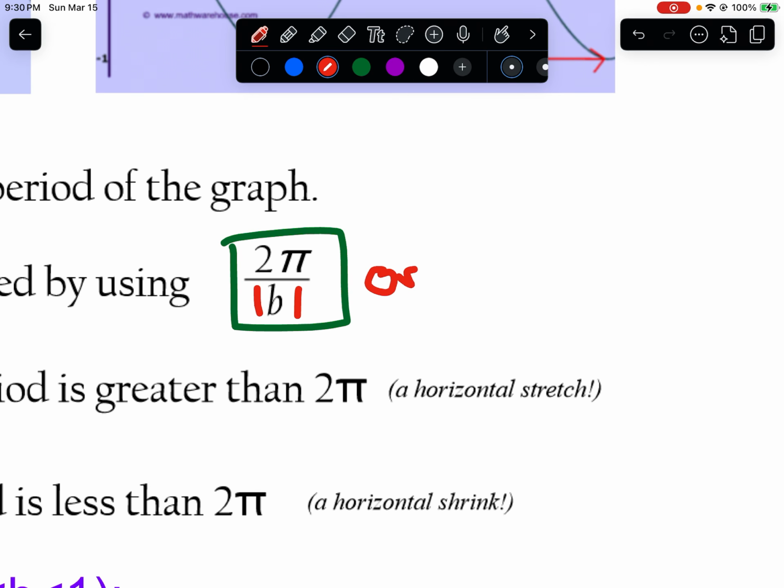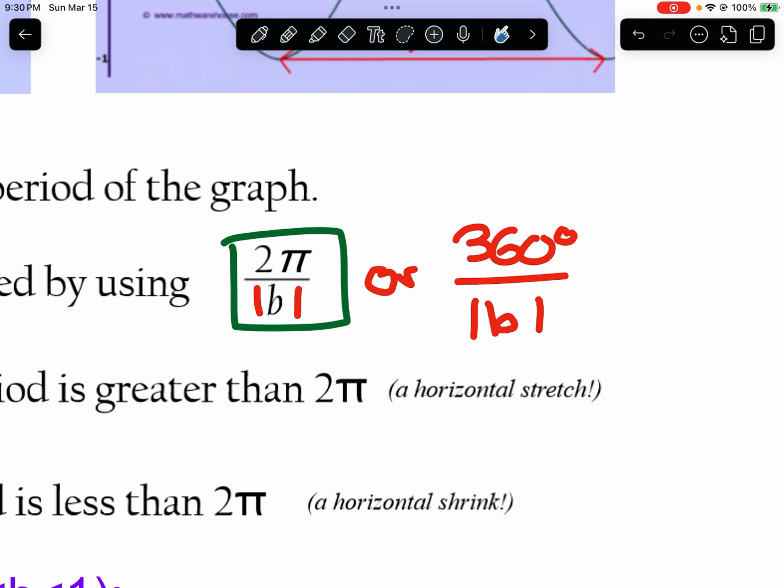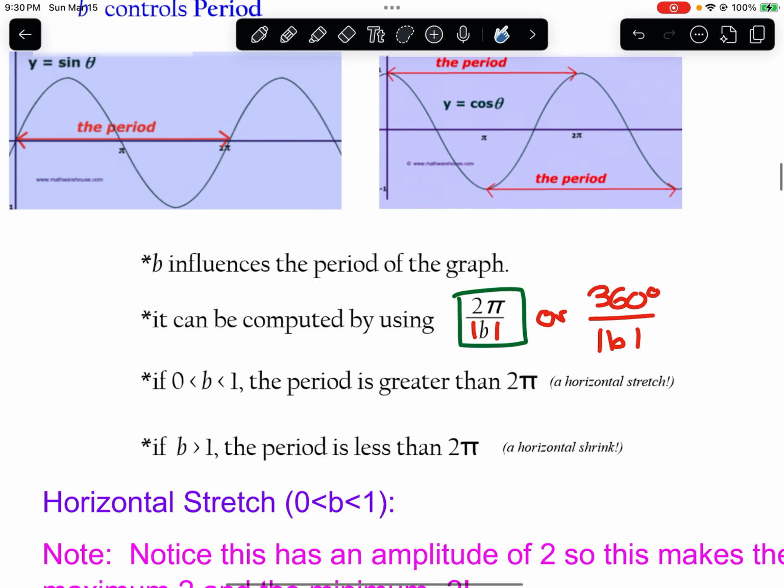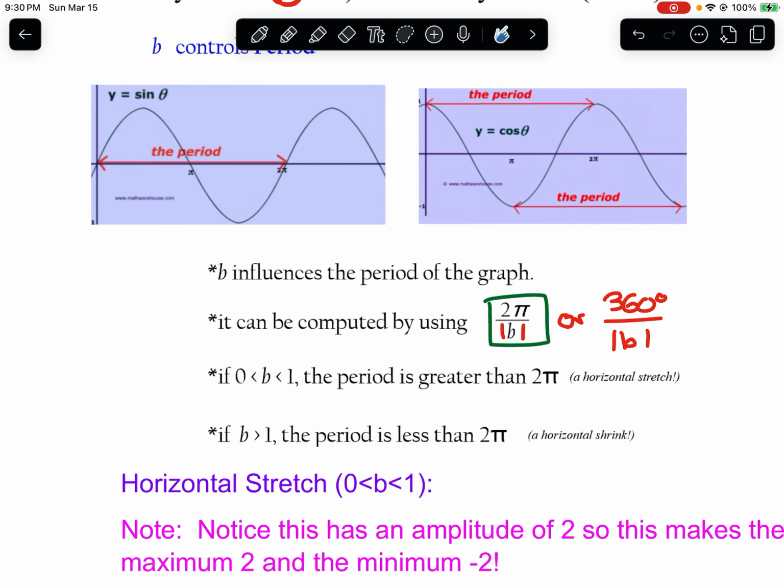Now, if you would rather work in degrees, you could tweak this formula, because 2 pi is the same as 360 degrees, so we could go 360 over the absolute value of b, and that'll give us our period in terms of degrees.